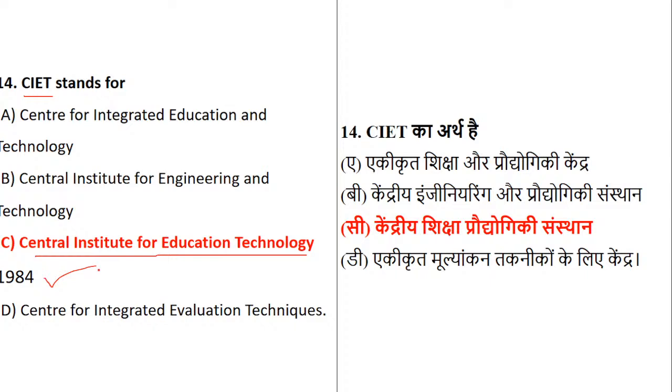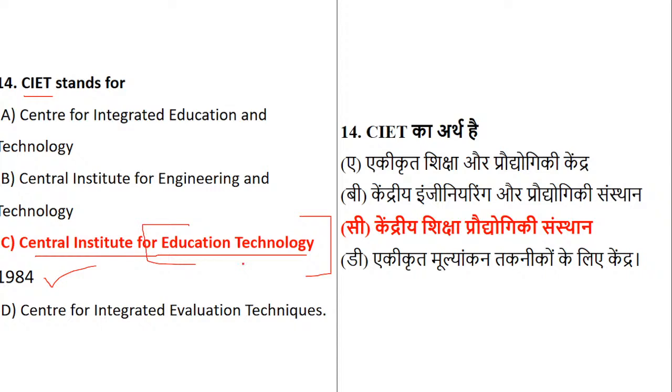Now what was the role? It was to develop, to disseminate, or spread, and to design and promote educational technology. So in education, designing, passing on the information, and alternative systems for learning were coordinated with the help of the Central Institute for Education Technology.